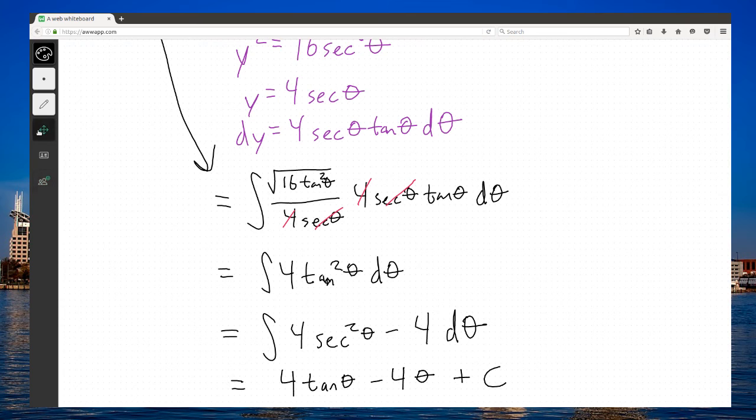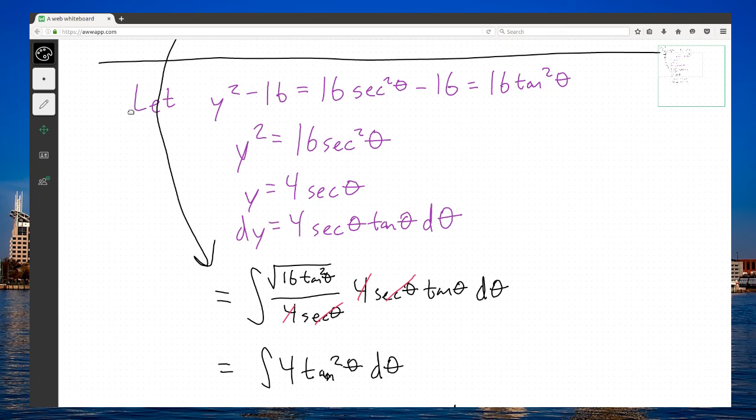So now I just need to go back up to my substitution and figure out what tangent and theta are. Well, tangent, I see right here that 16 tangent squared, I could take the square root of that to get 4 tangent of theta, and that's exactly the square root of y squared minus 16.